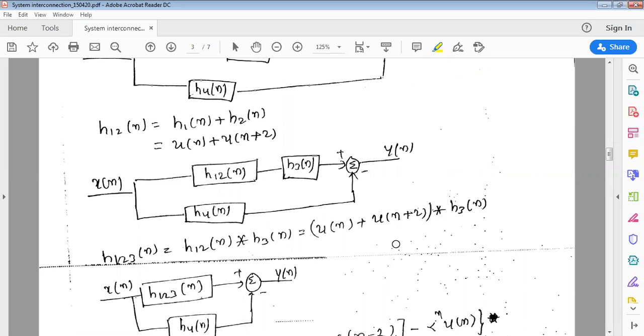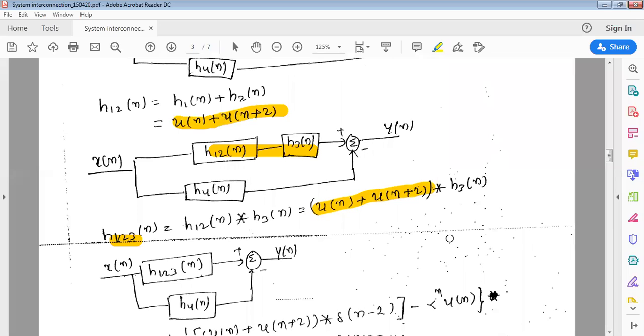Is it clear? Once I do this, these two blocks, H12 and H3, can be replaced by the convolution. H123 of n, I'll write it as H12 convolved with H3 of n. What is your H12 of n? u of n plus u of n plus 2. So this is u of n plus u of n plus 2 convolved with H3 of n. H12 of n is equal to H1 of n plus H2 of n.